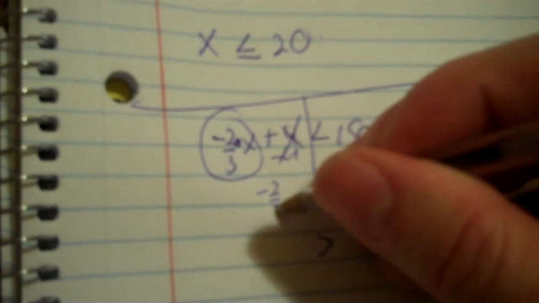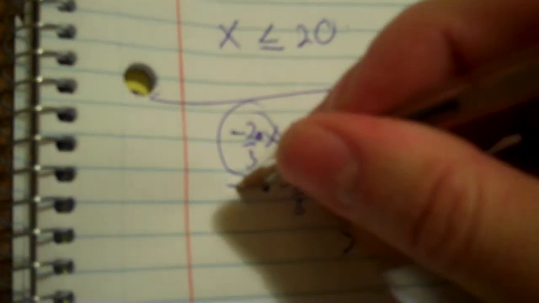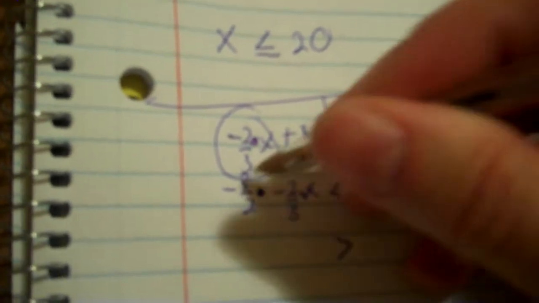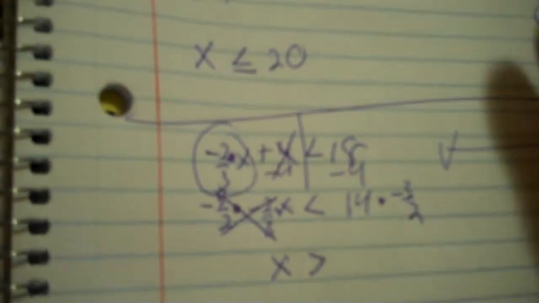So negative 2/3 times x. Now, if I got times by a fraction, I simply flip the fraction, okay? So keep the negative, and you just flip it to 3/2. Then you can do the x out thing. Times negative 3/2. So I have x over here.